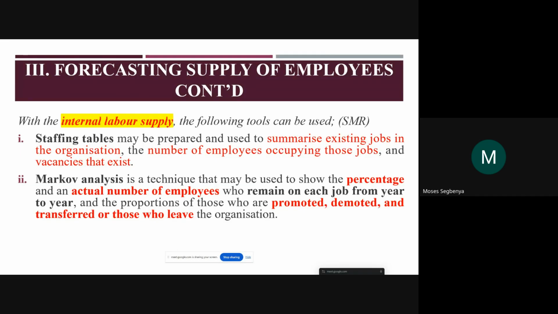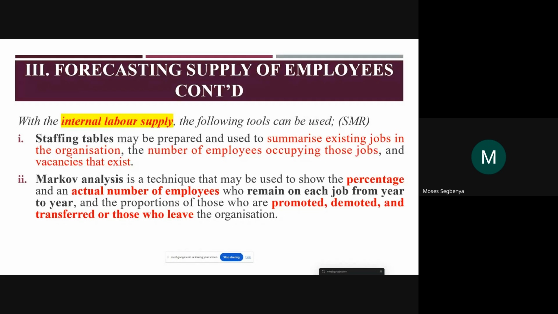You can also use what we call Markov analysis, which is a technique that may be used to show the percentage and the actual number of employees who remain on each job from year to year, and the proportion of those who are promoted, demoted, transferred, or who leave the organization. So if you do the Markov analysis, it's not about how many people are on the job today, but you are looking at it within a year.